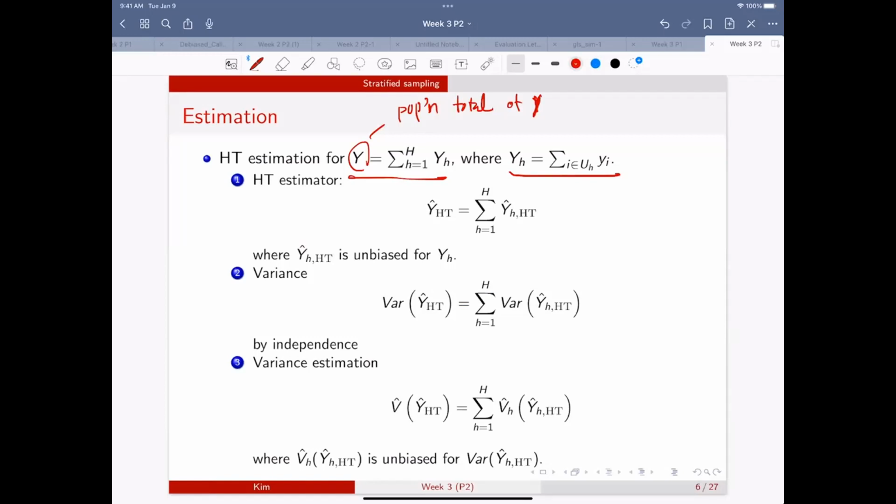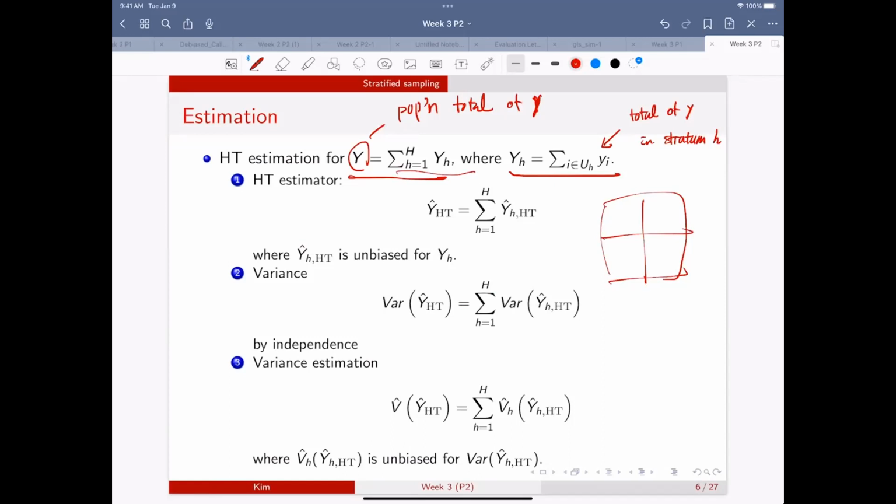But then what is this term? It is the total of Y in stratum H. In stratified sampling, we stratify the population, so the total can be written as a summation of the subpopulation totals.